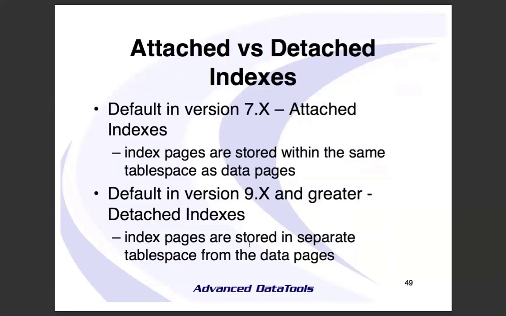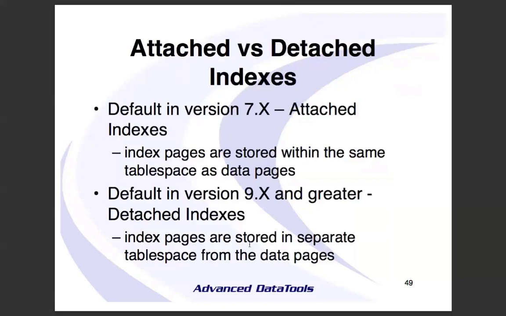Now, this is rarely a problem now, but in version 7, indexes were attached to tables. And that means that index pages were mixed up with data pages in the same table space. In version 9, that changed, and everything now is detached.